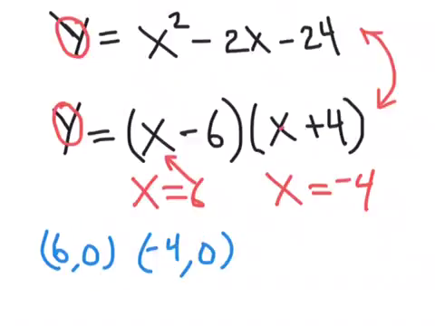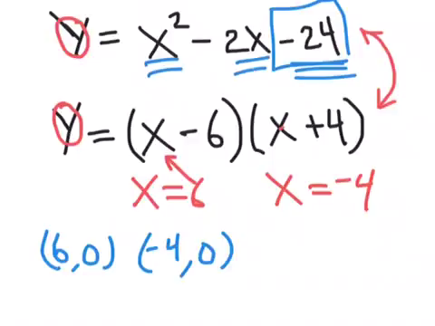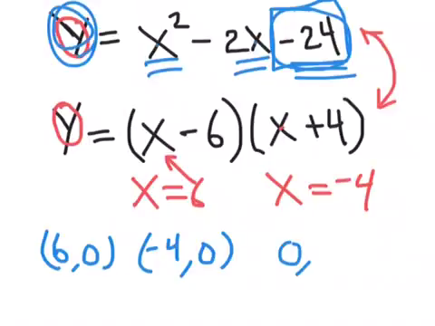And then the other one is, if I plug in, right here, this number, it's kind of a trick. This number tells me where it crosses the y-axis, because if I plugged in 0 for the x's, what would I get? x is 0, so all we're left with is negative 24. y would equal negative 24.